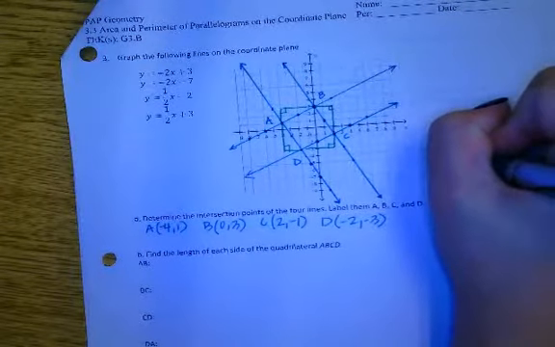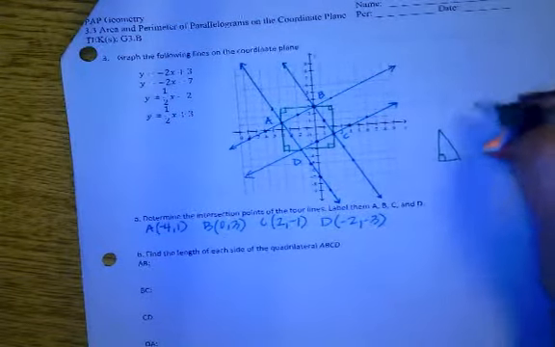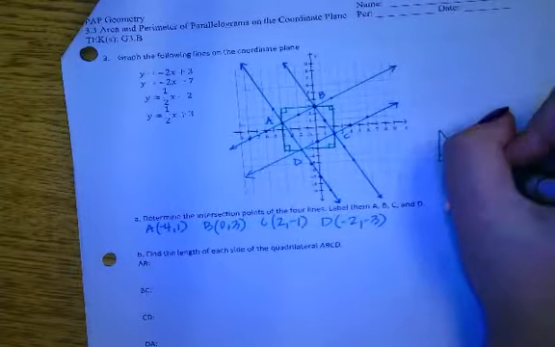Those of you that have started, what do you notice about all your right triangles? They're all equal. What are your leg lengths? 2 and 4. Very good. 4.47.